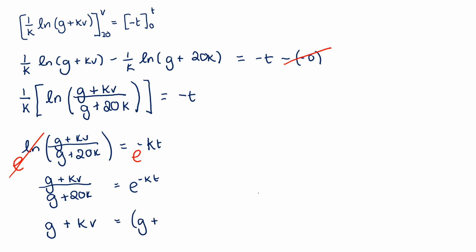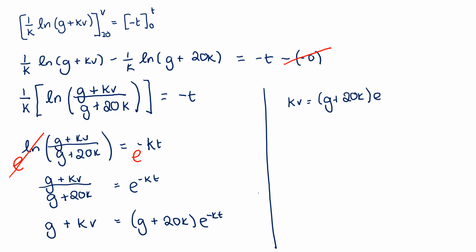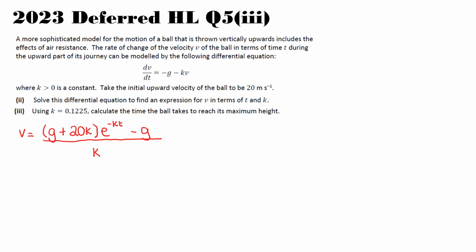So we get g plus kv equals (g plus 20k) e to the power minus kt, then kv equals (g plus 20k) e to the power minus kt, minus g. And then for v, we divide across by k. And that's our answer for v.